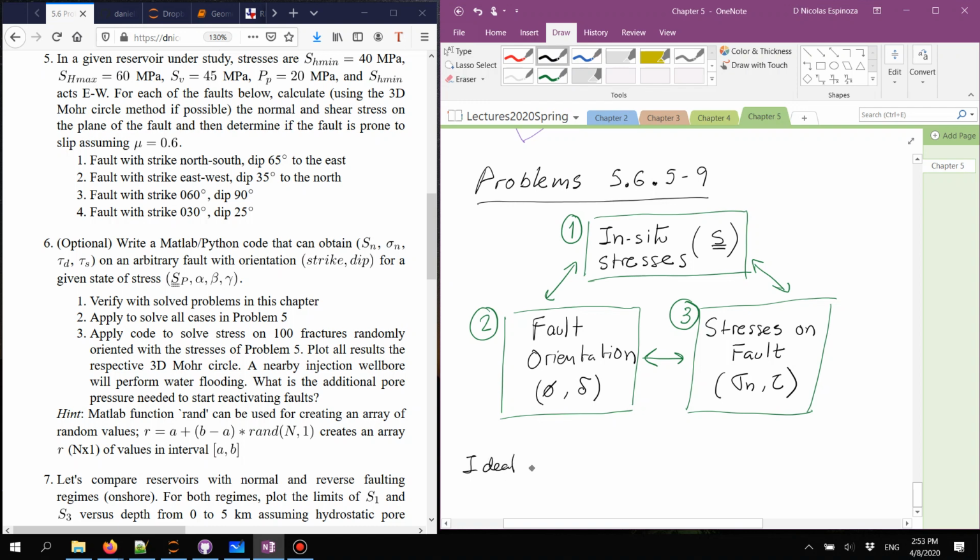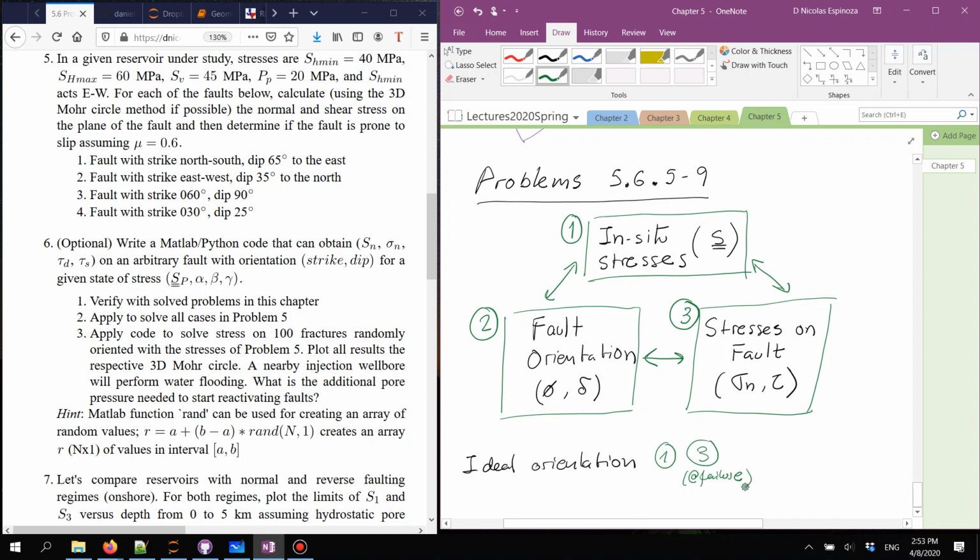usually what we will know is what the in situ stress is. We know what the stress on the fault is, assuming that it is at failure.